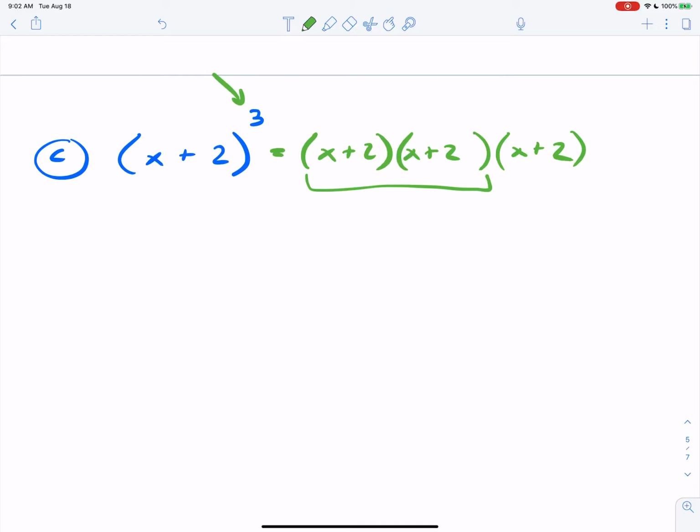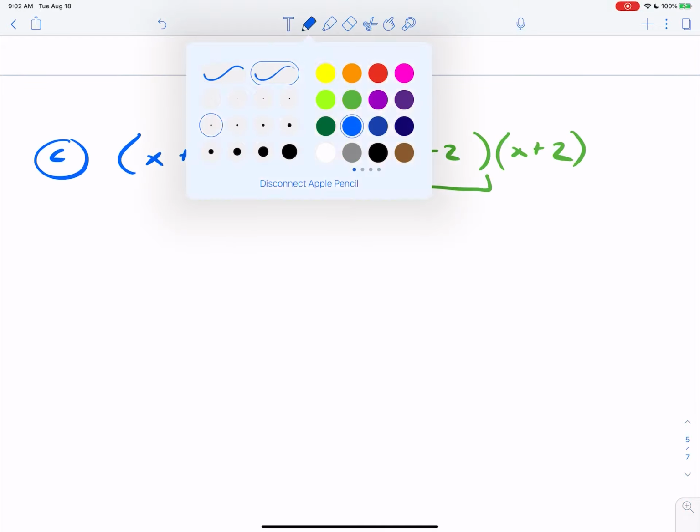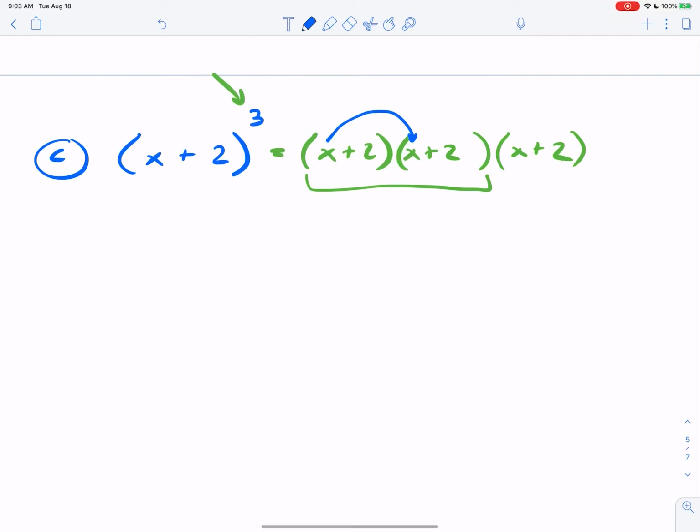Whether you use the area model or if you use distribution, I'll use distribution here. You should get x squared plus 2x plus 2x plus 4. So this becomes x squared plus 4x plus 4.